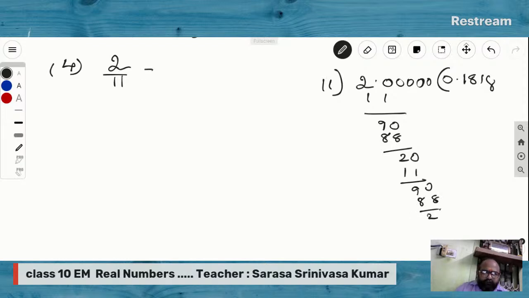So finally what we get is 0.181818 and so on. So this is equal to 0.18 bar.